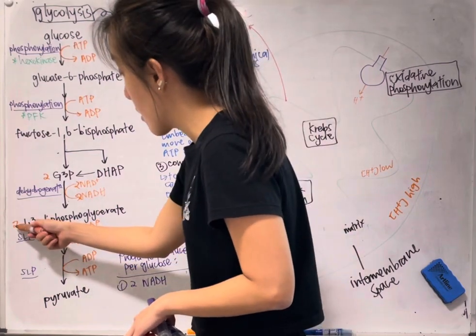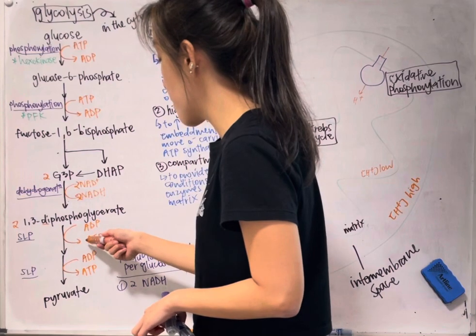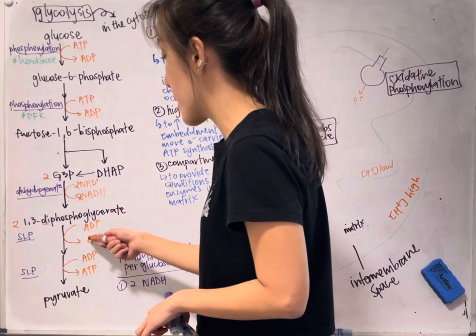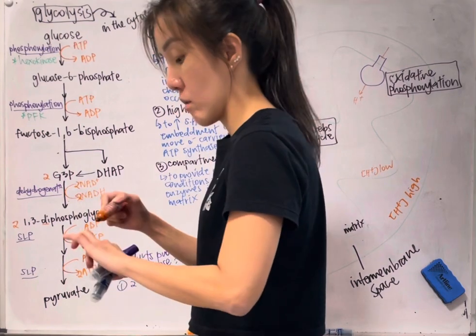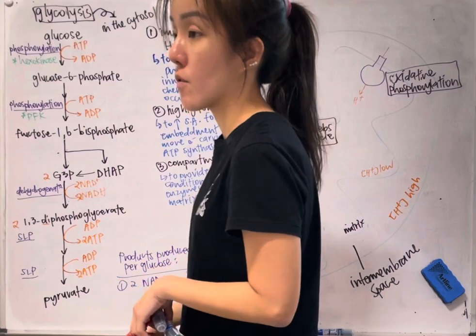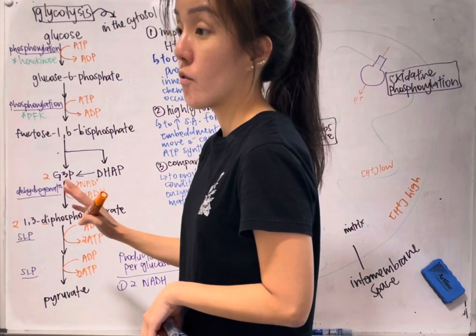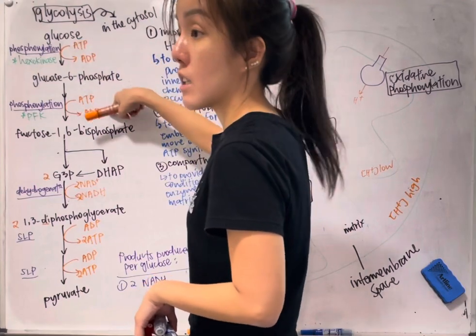But how many of this compound do I have in total? 2. So how many ATP can I synthesize each time? 2. So now, Josh, what's the total number of ATP synthesized so far? 4. Yes, 4. But we use up 2 initially.